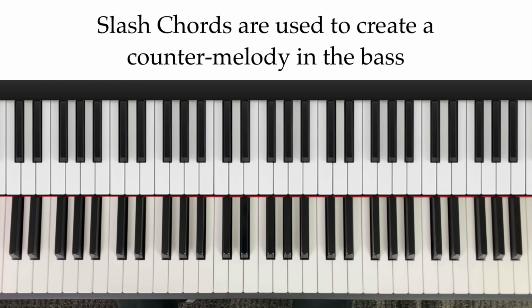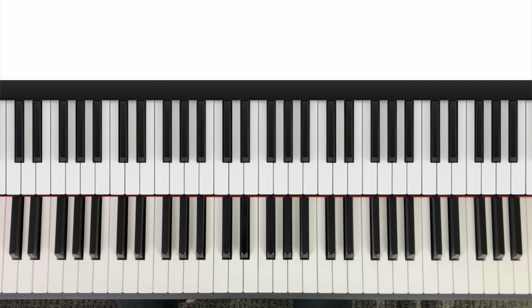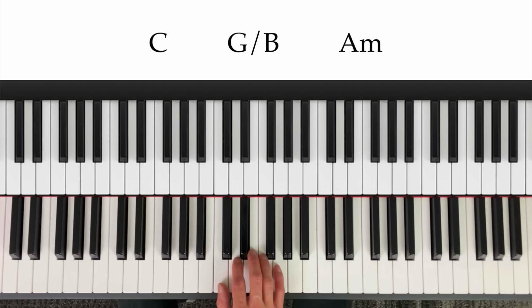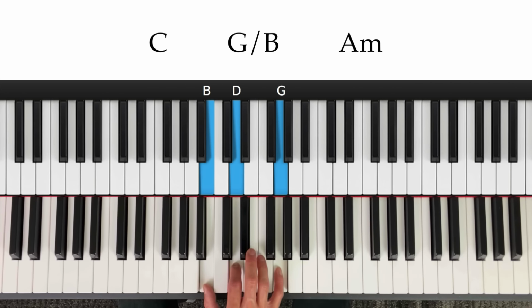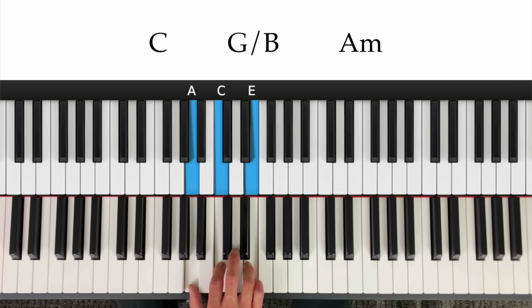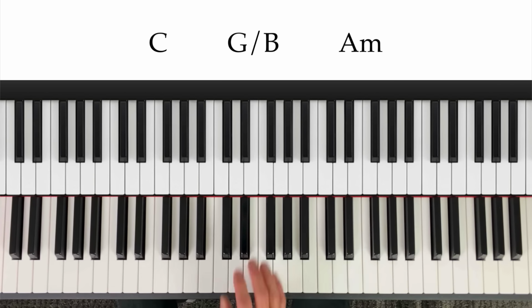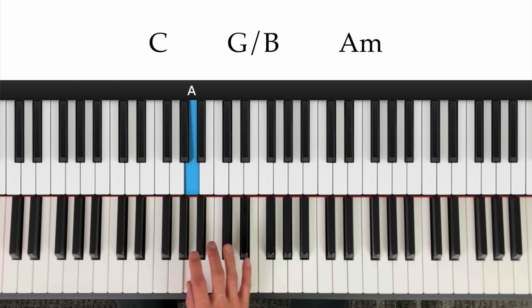Composers will use these slash chords if they want to emphasize the bass notes and create a melodic line in the bass. For example, we could have 3 chords, a C major chord, that G/B chord we just learned, and an A minor chord. So C major, G over B, A minor. See how that creates this bass line of C, B, A?